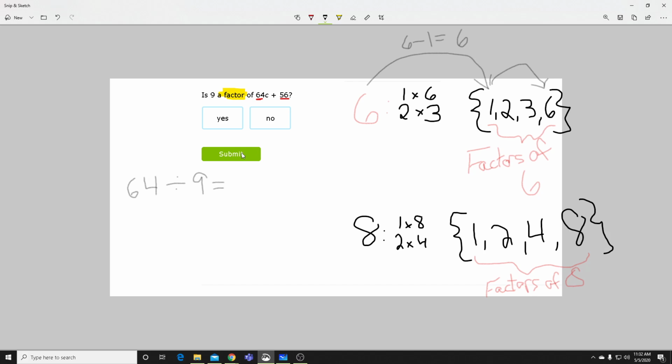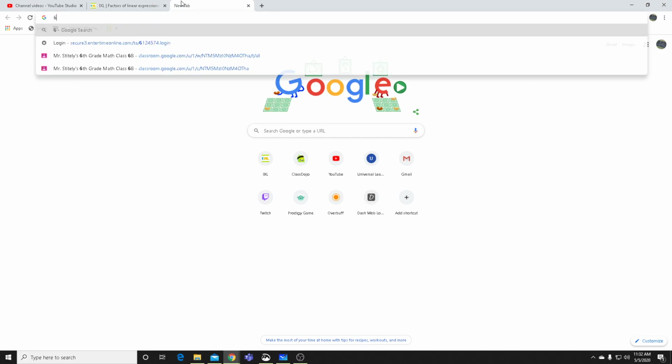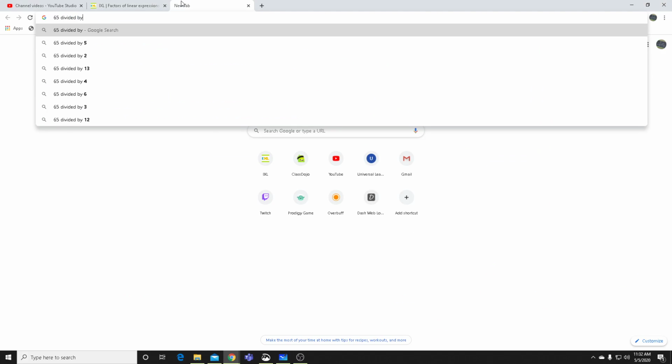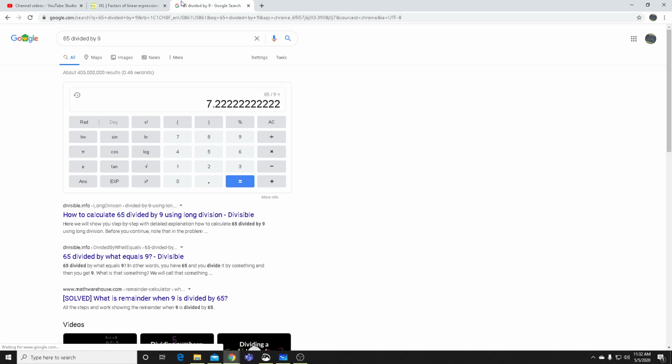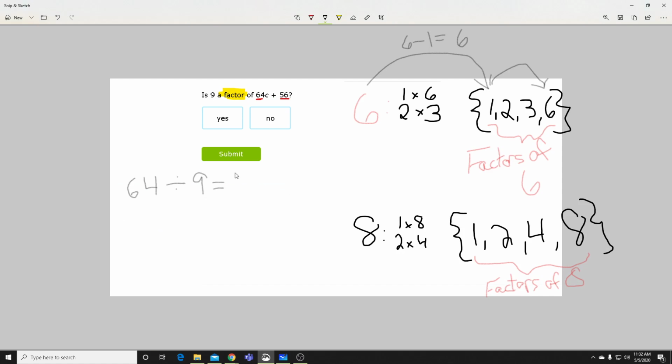You could try it out on a calculator if you wanted. Let's do this real quick. 64 divided by 9. 7.2222 repeating. Yep, so 7.22 repeating. So this doesn't work.